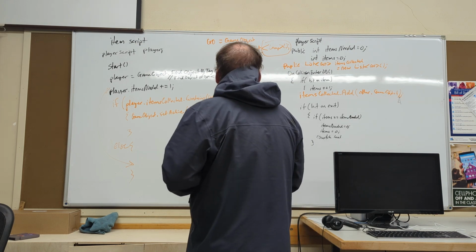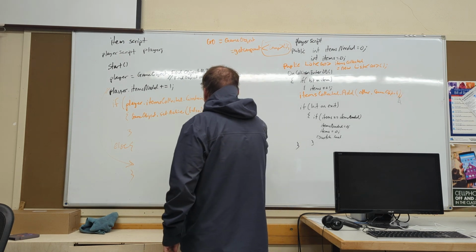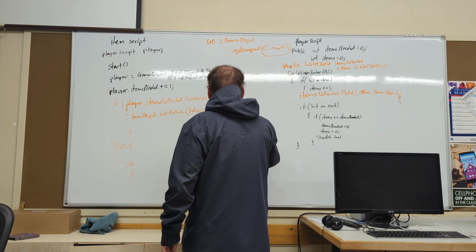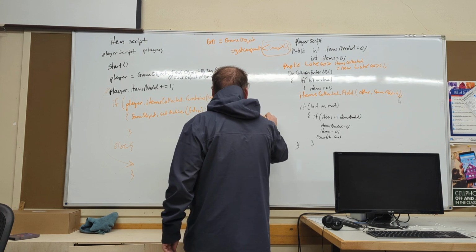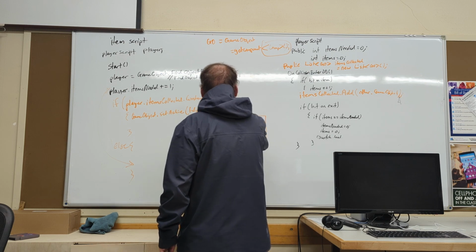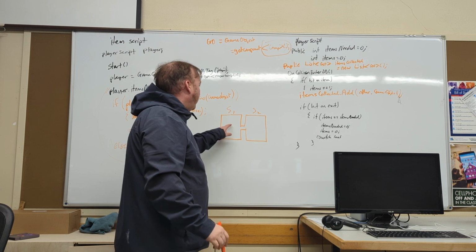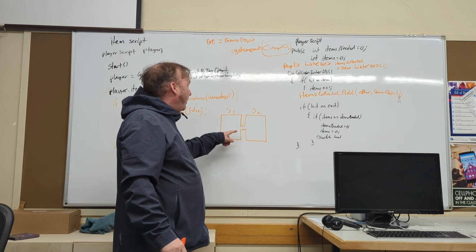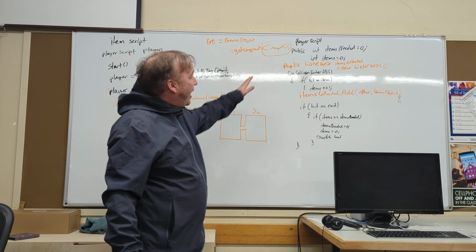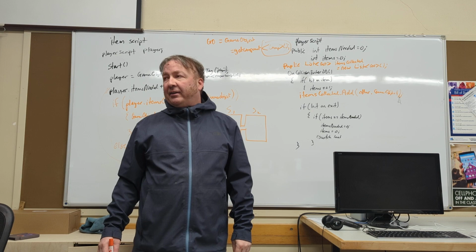So the problem right now, and we're getting close to being done with today's lesson. So again, we have scene 1 and we have scene 2, and our player moves from here to here. And what happens at that moment in time to our list when the player moves from scene 1 to scene 2?